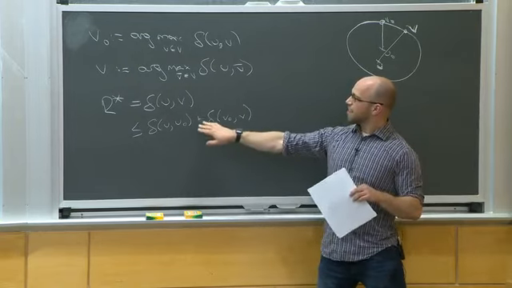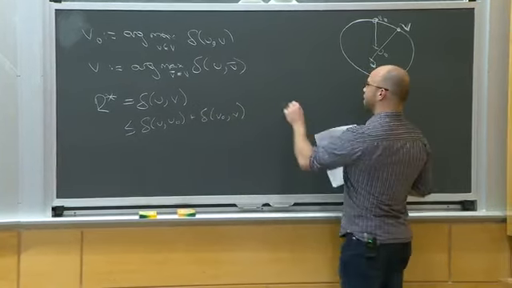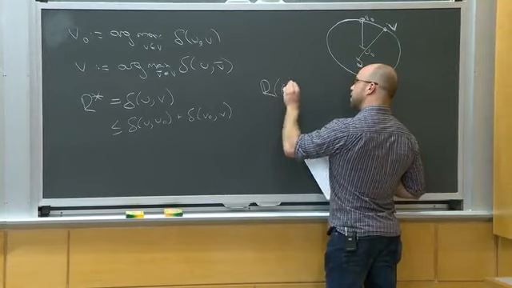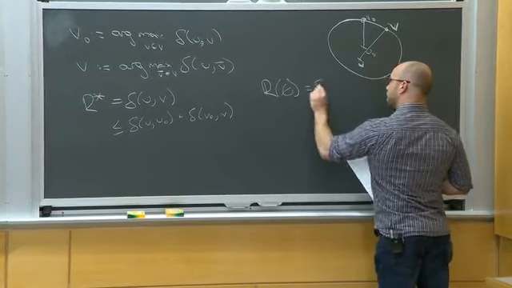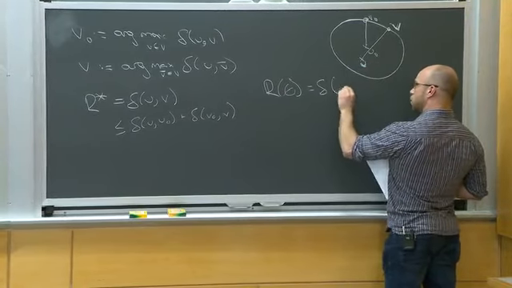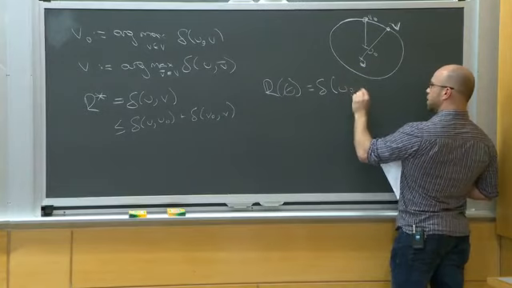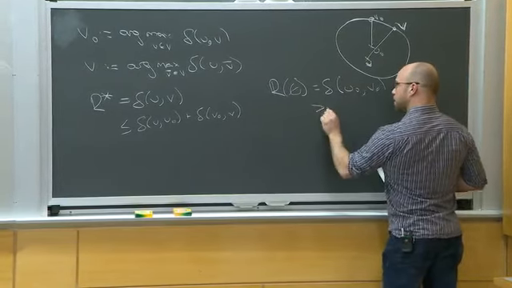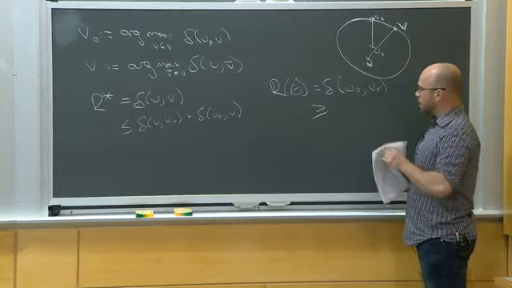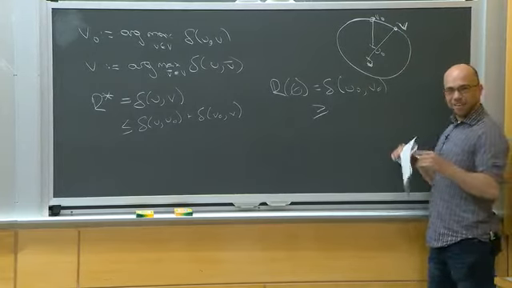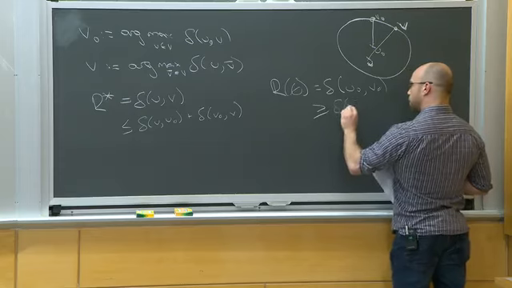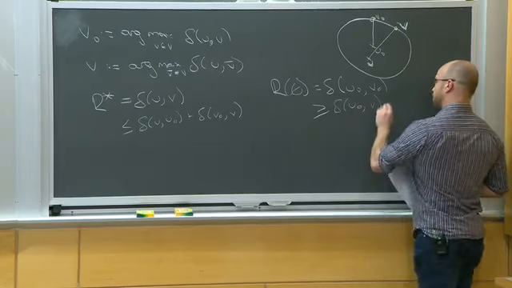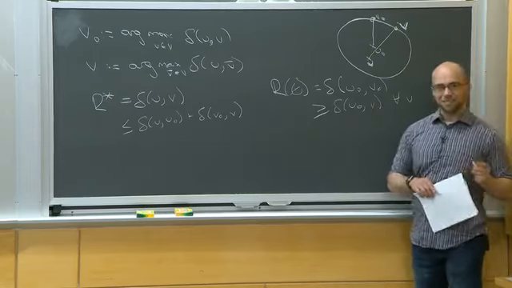What is the actual radius of my graph? Well, in my notation, the radius of my graph is exactly the distance from u naught to v naught. And this thing is bigger than the distance from u naught to anything else, by definition, for all v.